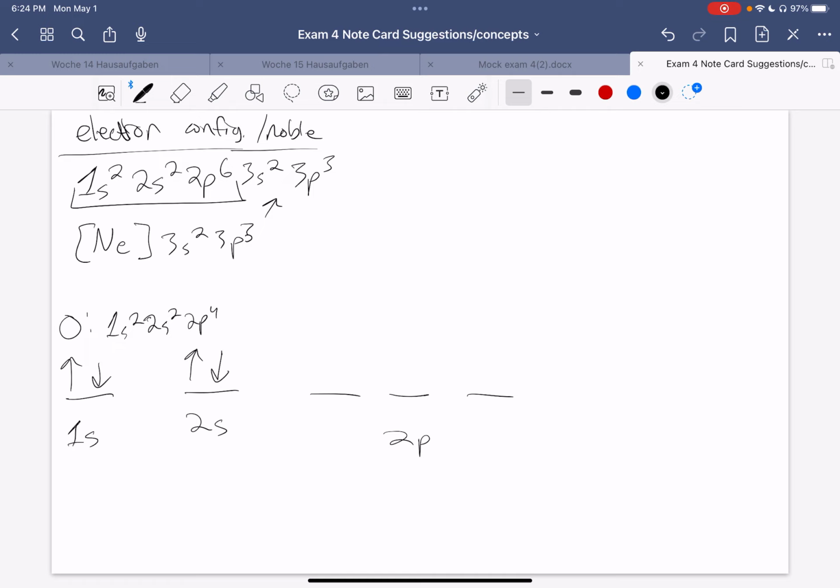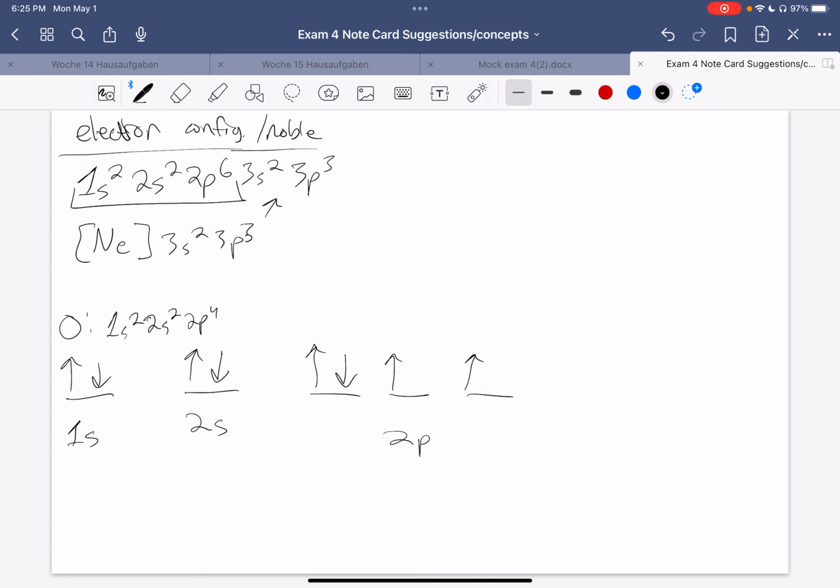So you can't have something like fill up this, then this, then this, then this, because due to how these electrons interact with each other, it's actually a lower energy, and a more stable configuration if these orbitals are filled by themselves first, and then we start to add the extra ones. So in that case, we need to go one here, one here, one here, and then we can finally add this last one to finish off filling our orbitals.